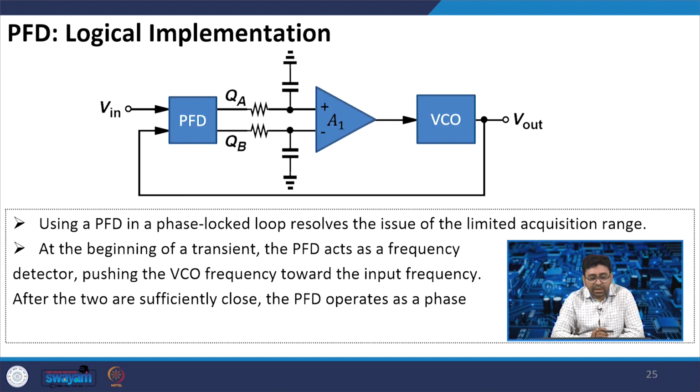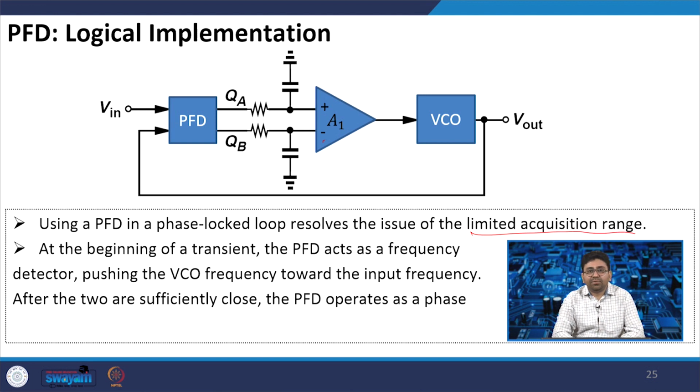Now, once we have designed the PFD, we need to use it like a type 1 PLL, with the RC low pass filter, and then amplify the difference between these two and drive the VCO. Using a PFD in a phase lock loop resolves the issue of the limited acquisition range which was there in the type 1.